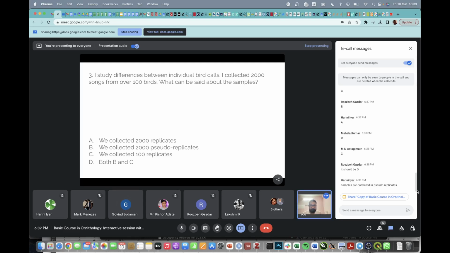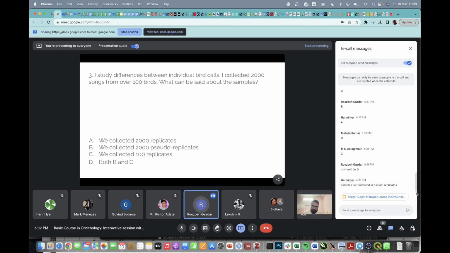Basically, if I may, I think Dr. Suhel mentioned it as when the replicates are probably not as distinct as they would be if they were actually drawn depending on the objective of the study.